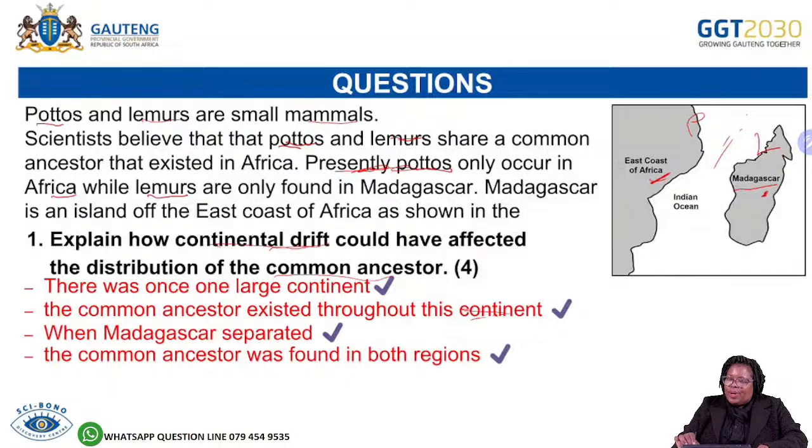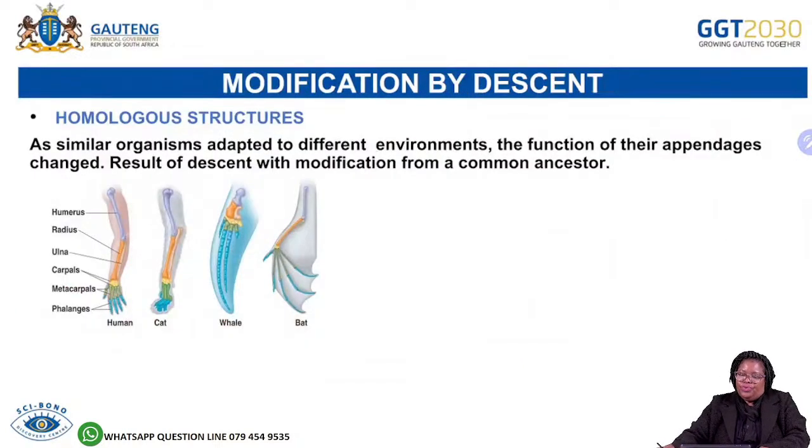Remember, initially there was one large continent, and the common ancestor existed throughout it. So even when Madagascar separated, in each of the newly formed two parts we are going to find that common ancestor. So the common ancestor was found in both regions.